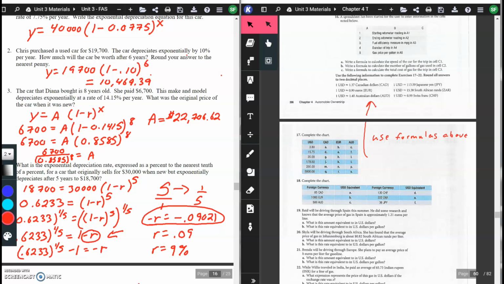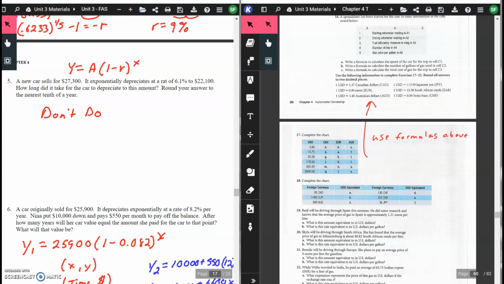And we don't want a negative r, we want a positive r, so you're going to divide both sides by negative 1. Once you divide, you'll have r equals 0.09. If you move the decimal 2 places to the right, that gives you 9%.